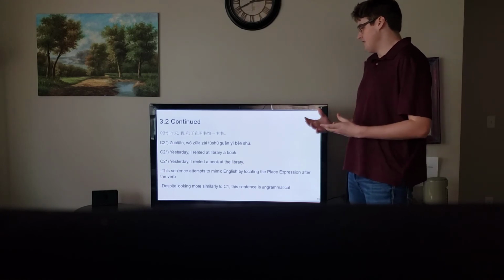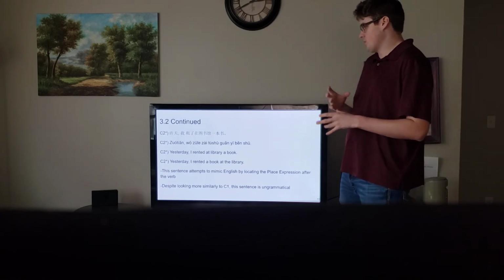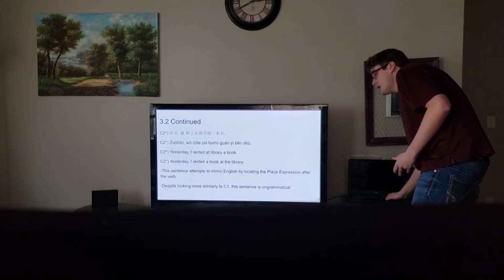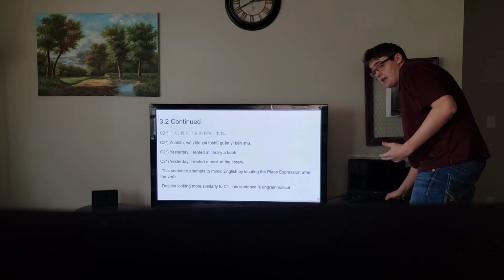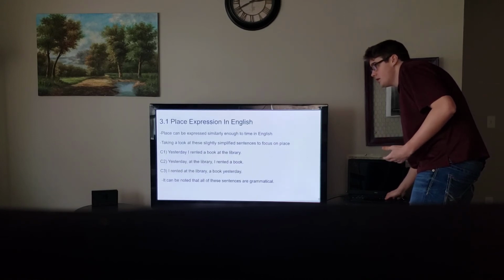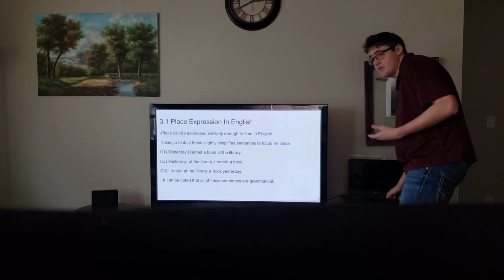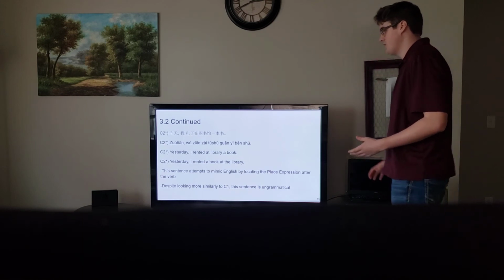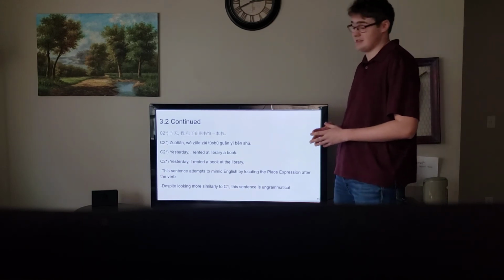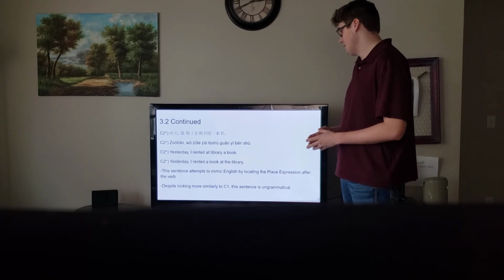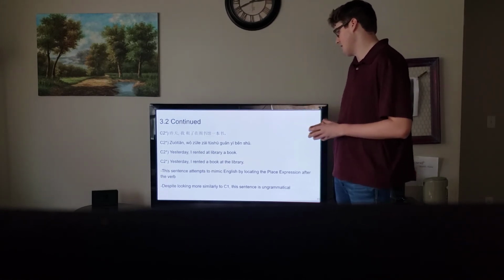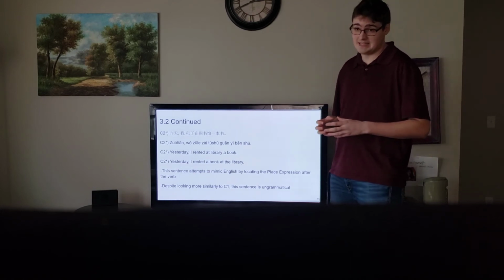While this mimicry of C2 looks almost identical to C1, as we will see here very shortly. Yesterday, I rented at library a book. Yesterday, I rented a book at the library. These are very similar word orders to each other. However, this sentence is ungrammatical still, and that is due to the placement of the library being after the verb rented.